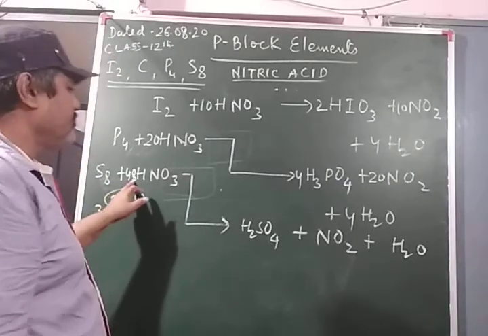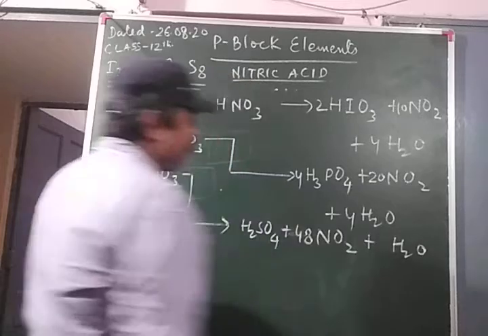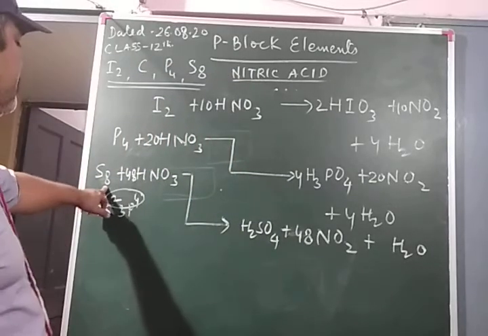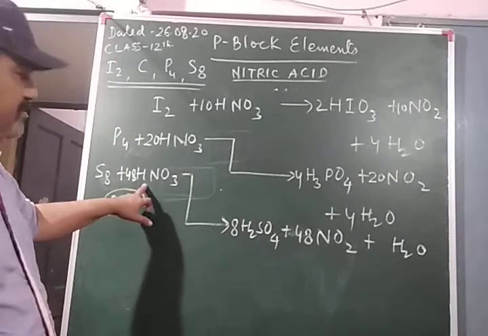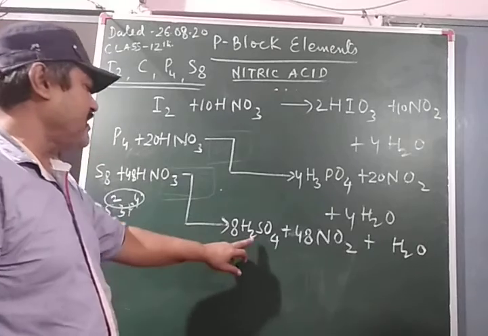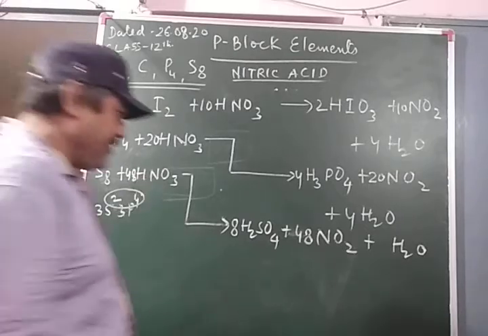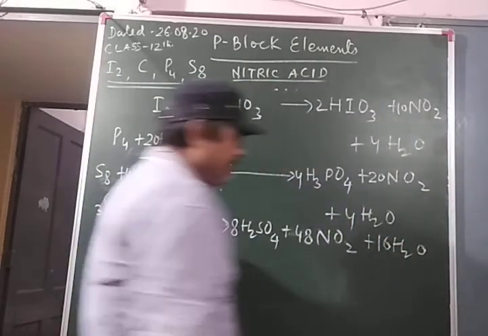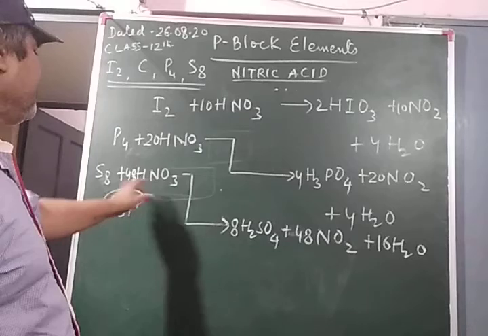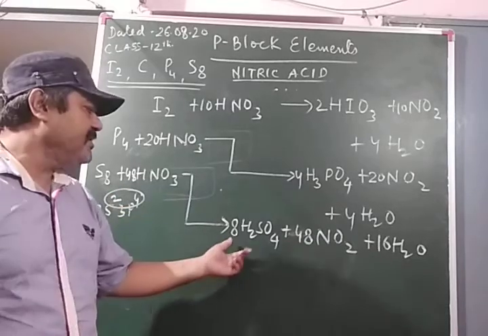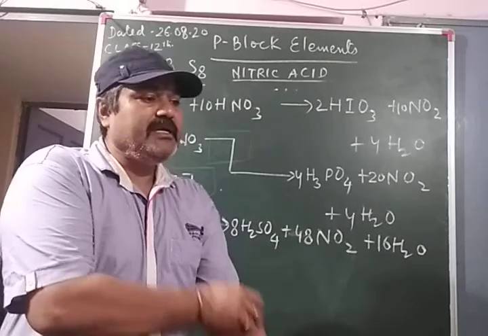To balance the nitrogen dioxide, 48 NO2, and to balance sulfur, 8 H2SO4. Now 48 hydrogen, and 8 twos are 16 hydrogen balanced here. So now 32 hydrogen is to be balanced, so here it will be 16H2O. In this way sulfur reacts with HNO3: S8 plus 48 HNO3 equals 8 H2SO4 plus 48 NO2 plus 16H2O.